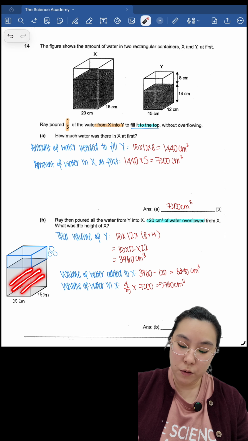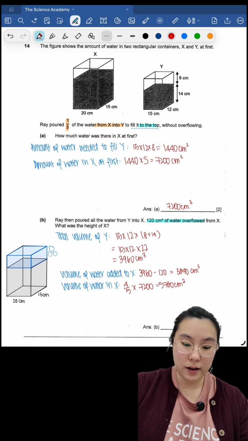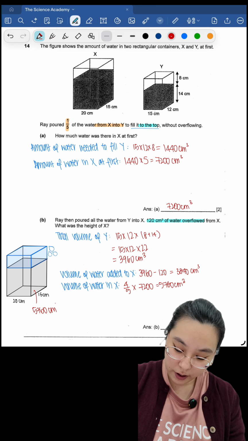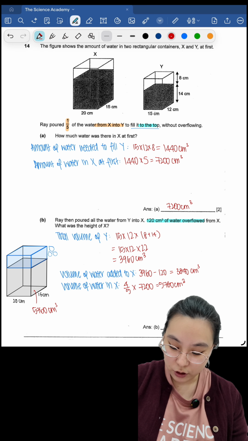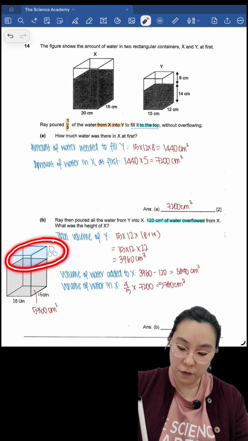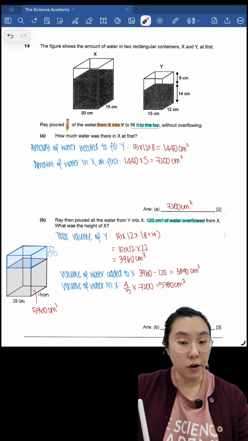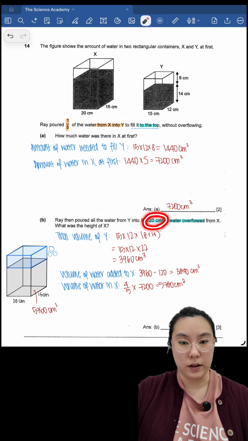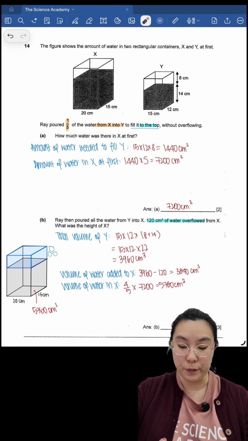First, we know the volume of water in X, which has been calculated to be 5760 cubic centimeters. We also know that the total volume of water that was poured into X was 3,960 cubic centimeters, but 120 cubic centimeters of water overflowed.